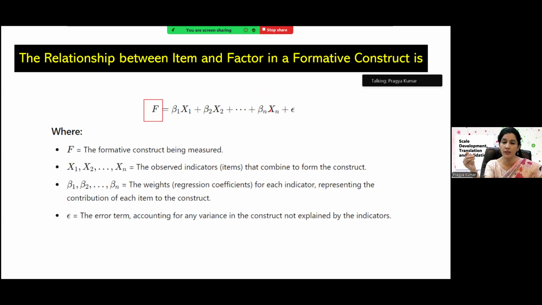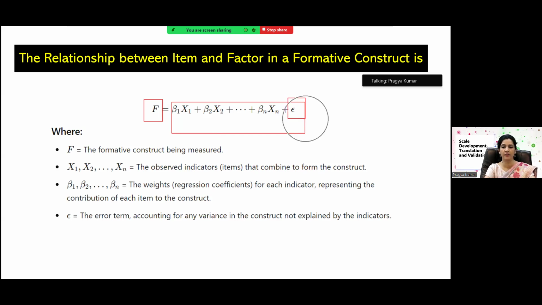In multiple linear regression, there are multiple independent variables and there is a single dependent variable. So this will be like a multiple linear regression equation where x1, x2, and xn are the observed indicators that combine to form a construct. And you can see there is only one error here.